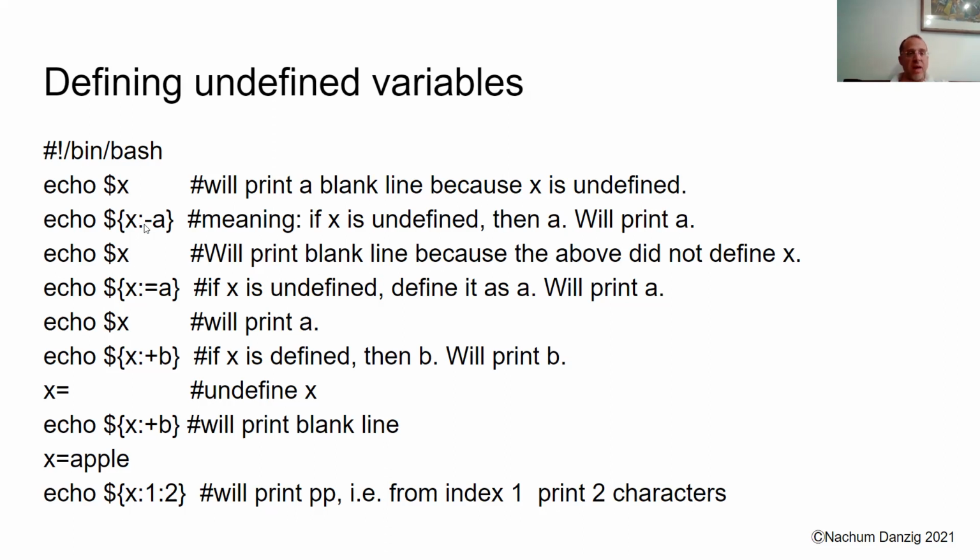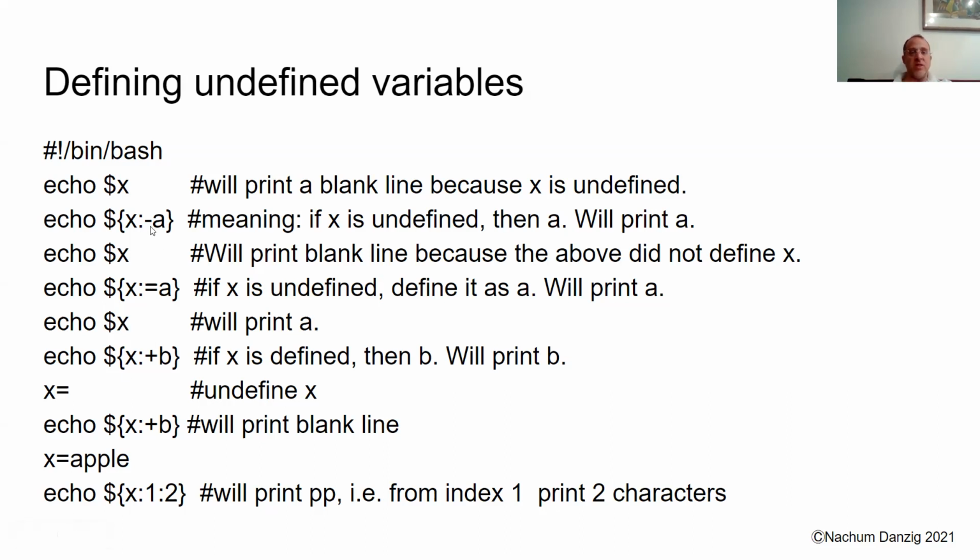But if instead of a minus sign I use an equal sign, then if X is undefined, define it as A. So I won't just print A like I did here, I'll actually define X as A and then print X. This line will print an A, and now this line will also print an A because I actually defined X.